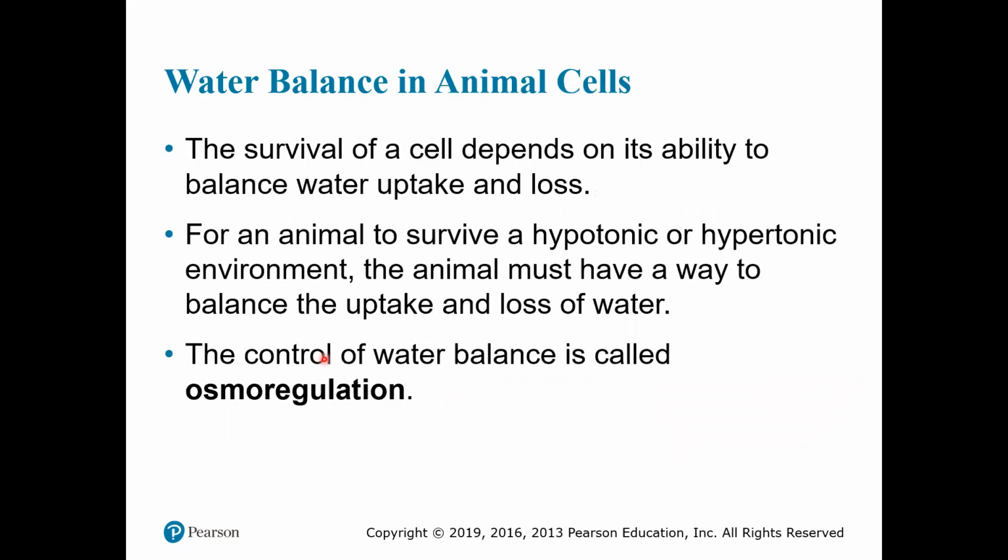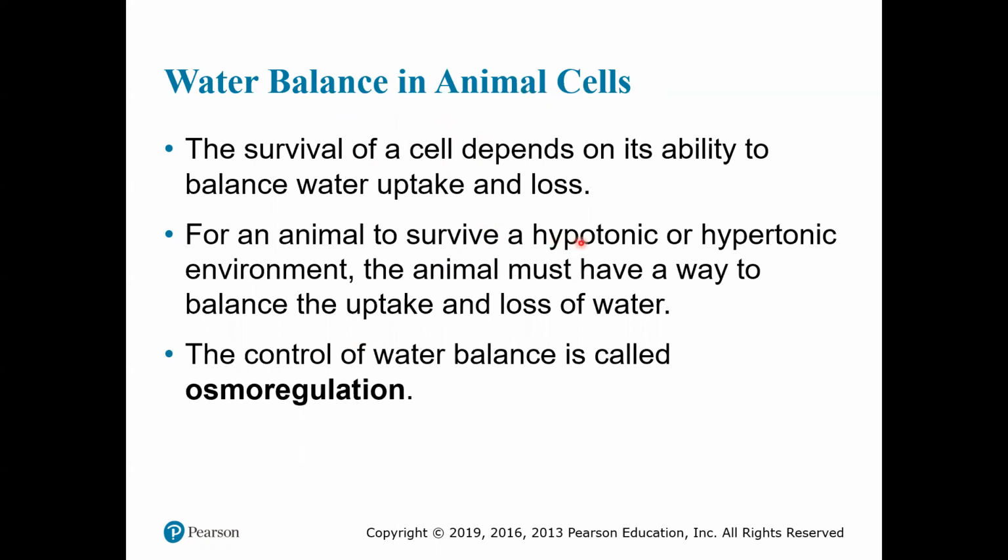Now, this is important, like I said, because of the process of osmoregulation, controlling the water balance within cells, controlling the water or the cell volume. And so the survival of cells really depends on its ability to take up and lose water based off of the solute concentration of the solution that the cell is in.